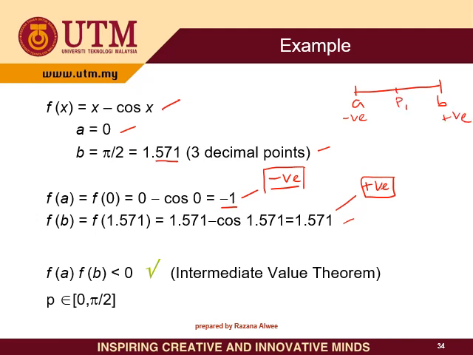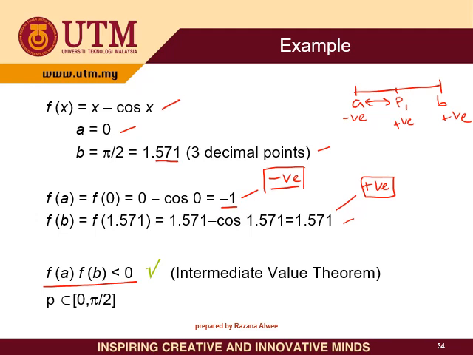You calculate p1 after this. Let's say your p1 is positive. Remember, f(a) times f(b) must be negative. So we will choose this, because it's negative and positive, then it will be negative, the intermediate value theorem.